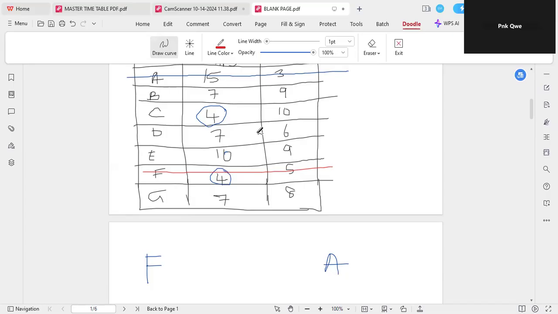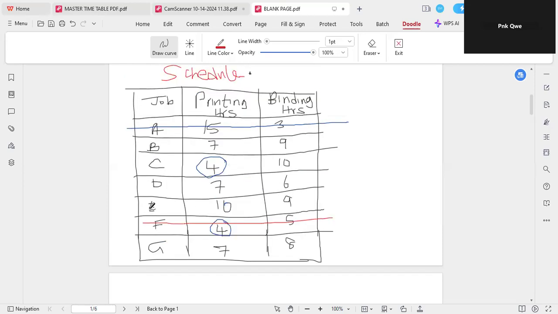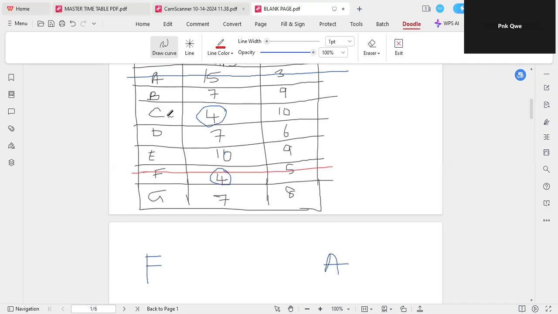Then the remaining shortest processing time for these times is actually 4, which is C. So C comes here. So our C comes on this end.